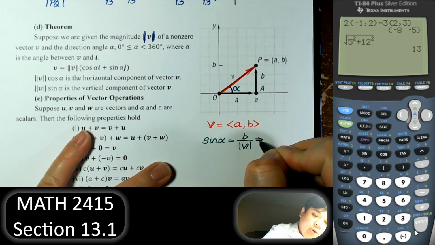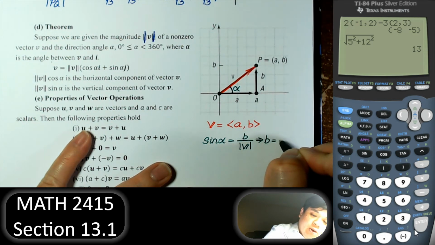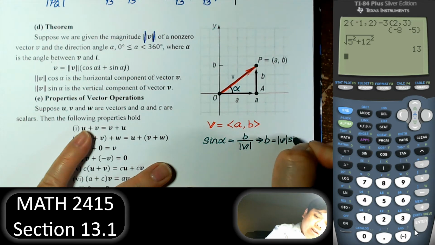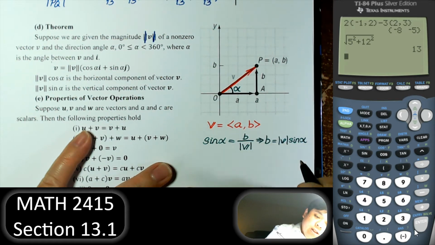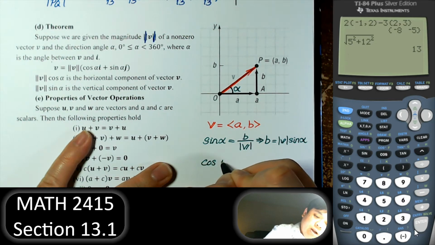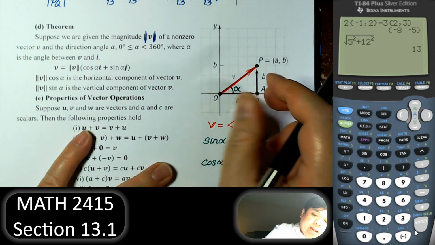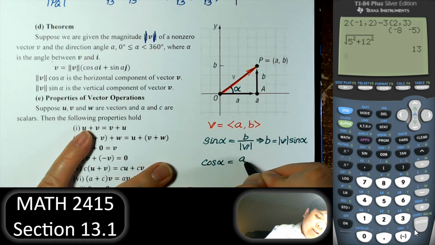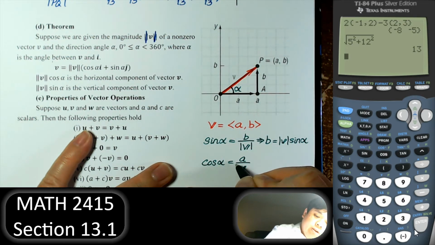So in this case, we will have b equal to the magnitude of v sine alpha, and then cosine of alpha is adjacent over hypotenuse.